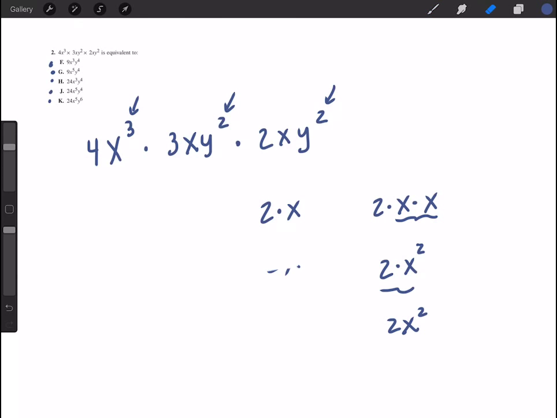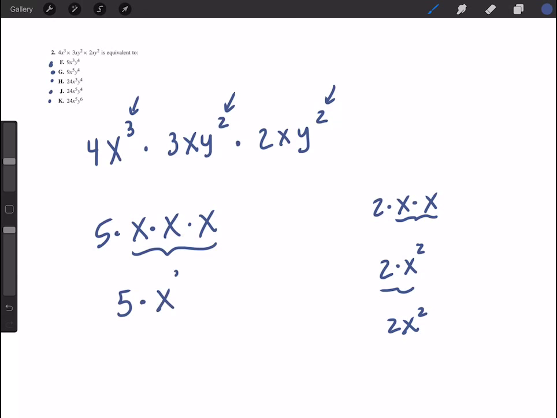Let's say that we had 5xxx. So that would be 5 times x times x times x. This time we have 3 x's multiplying, so we can use power notation and simplify that as x to the 3rd power. Now 5 times x cubed is of course 5x cubed. And remember, these are all equivalent.